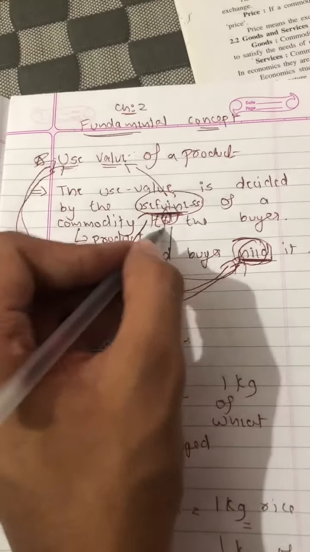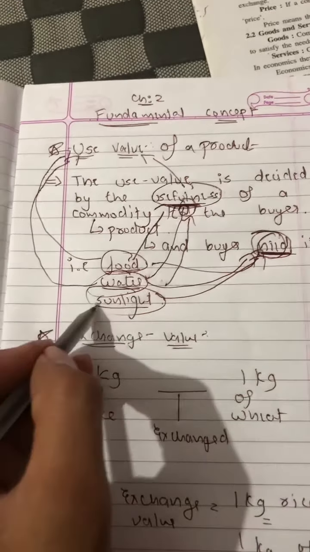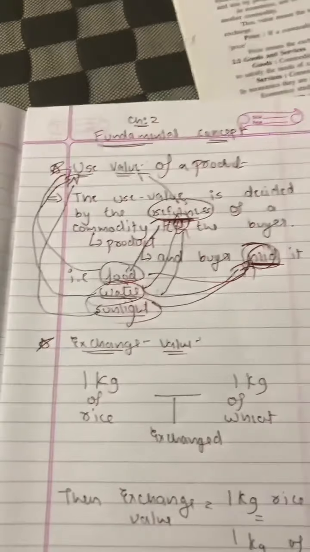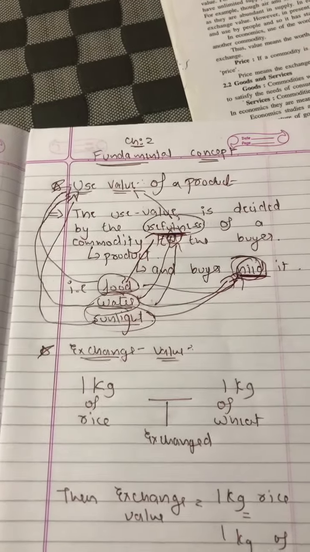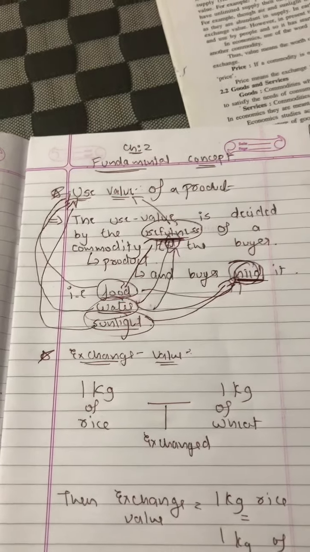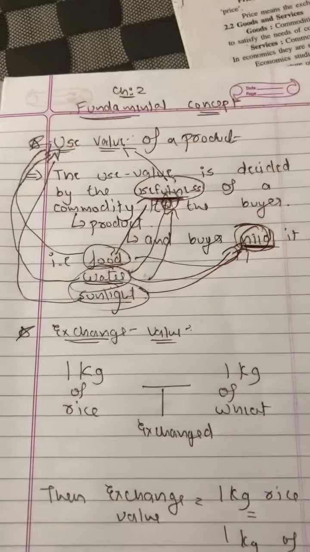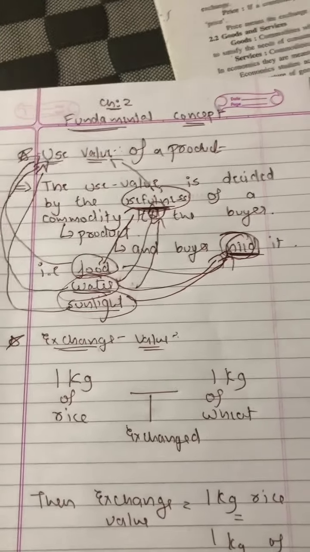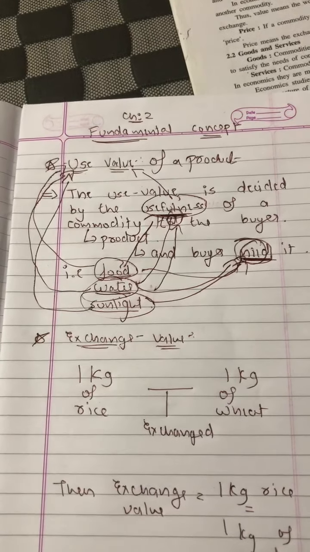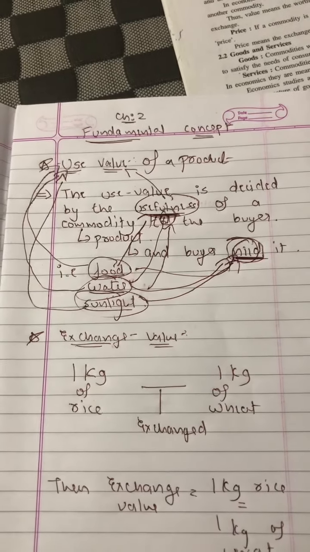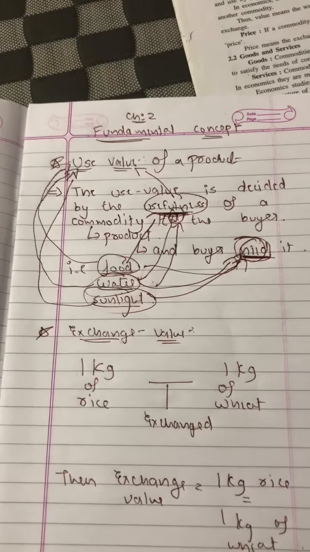Yes. Is it useful? Yes. And hence it is called use value of a product. So whenever any product that you as a buyer buy from the market is useful and you need it, then it is called use value of a product. Any doubt? Getting an idea about what I am trying to teach?